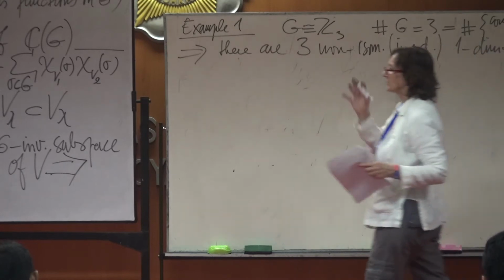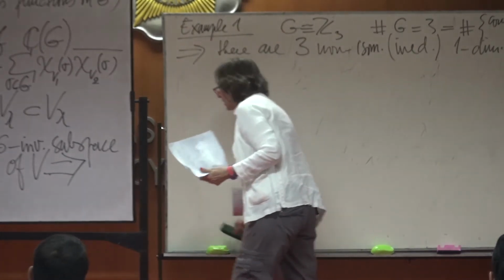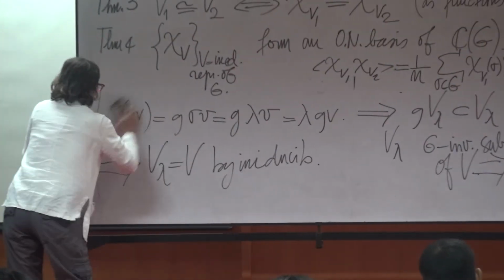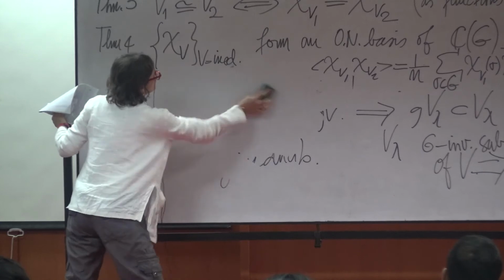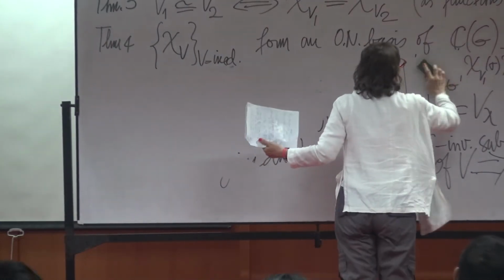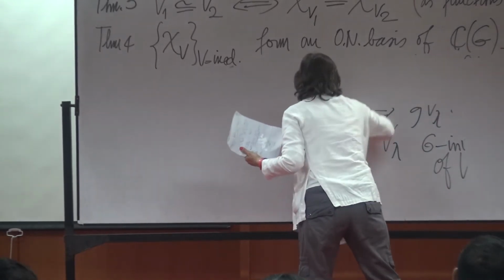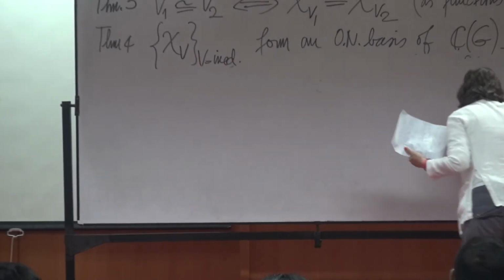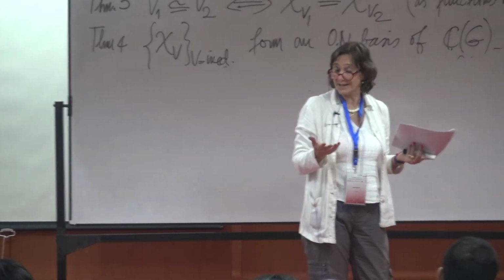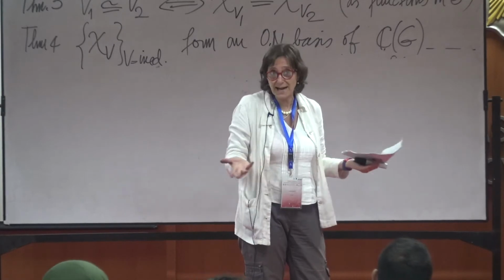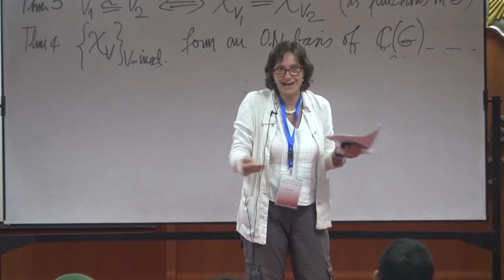Okay, so we call them rho 1, rho 2, and rho 3, and we are going to write the character table for these representations. Well, in this special case, since the representations are all one-dimensional, they coincide with the character. No? If you take a one-by-one matrix, the character is the matrix itself, right?